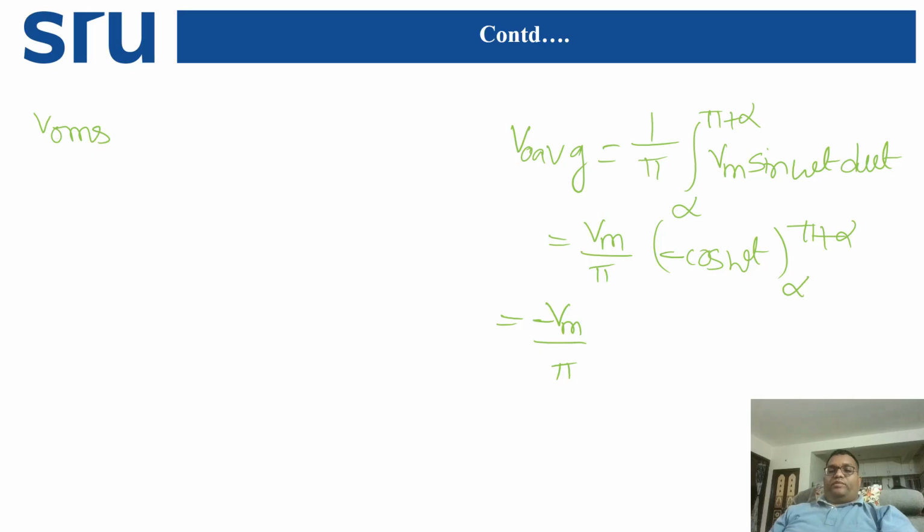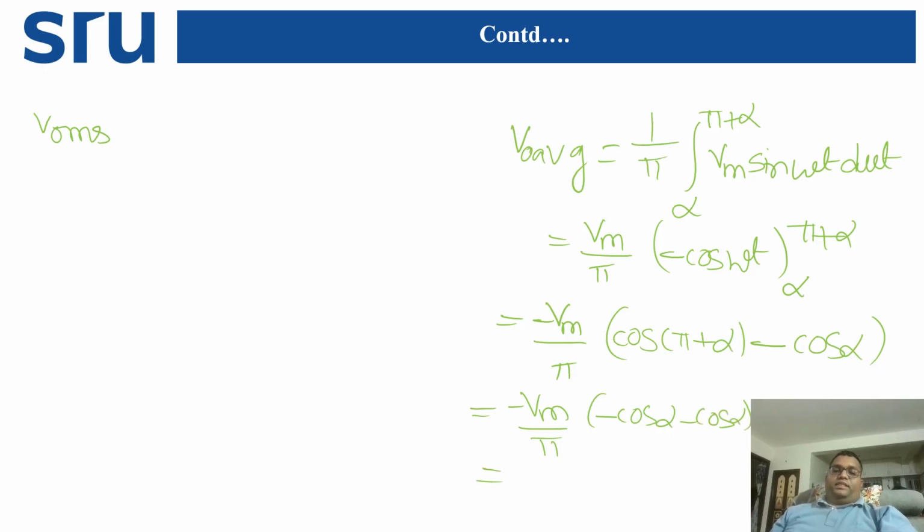Integration of sine means we apply cos at both limits: cos of pi plus alpha minus cos alpha, so minus Vm by pi, minus cos alpha and minus cos alpha.